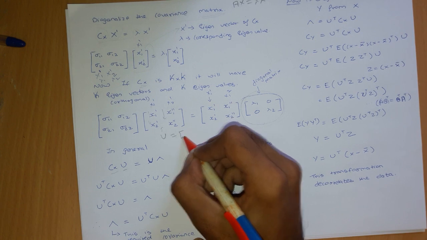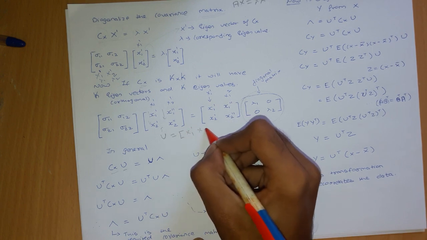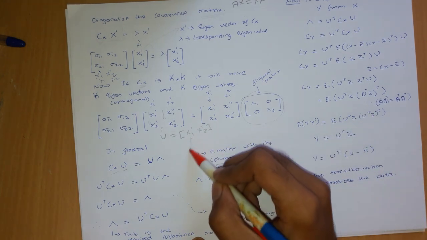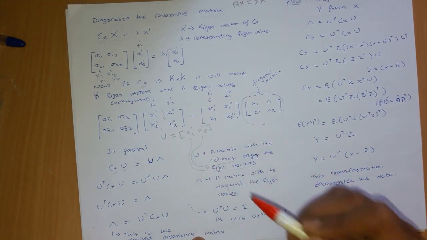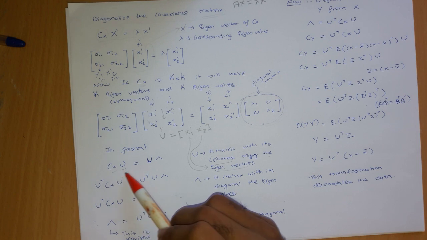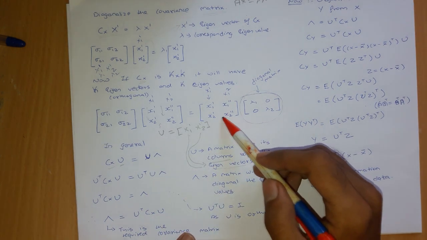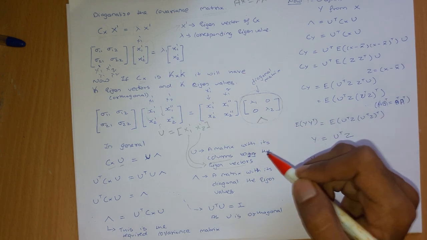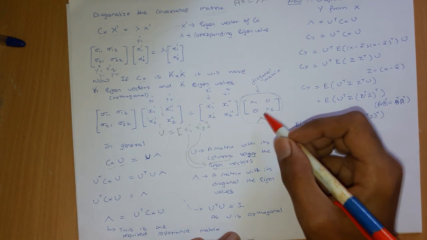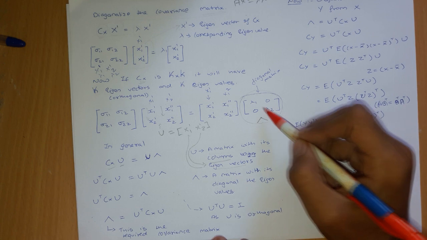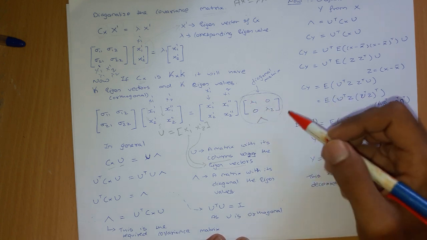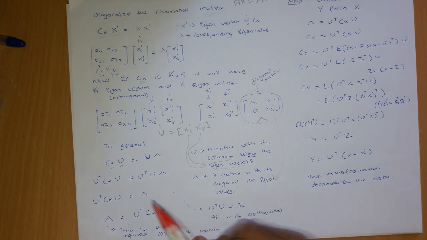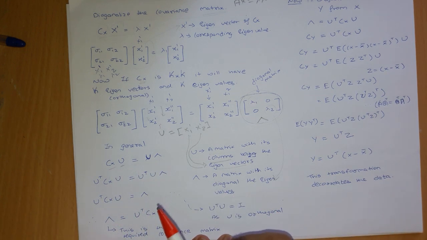So I can write u as x1 dash, x2 dash, where x1 dash and x2 dash are eigenvectors. I can write it like this. This is again u, and this I am terming as capital lambda, where capital lambda is nothing but a diagonal matrix containing all the eigenvalues. These lambda 1 and lambda 2 are nothing but the eigenvalues.